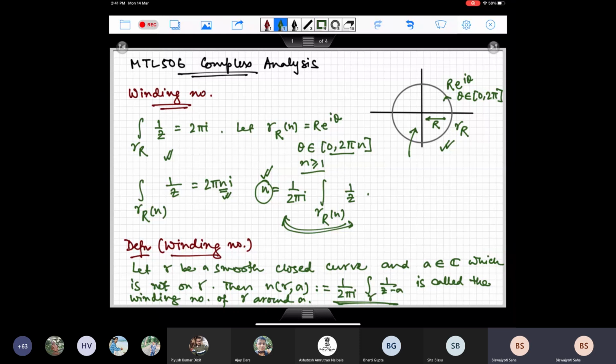But if you try to do this integral over gamma r of 1 over z minus a, for let's say mod a strictly less than r, so that means a is some point, let's say here inside, for this also the integral is going to come out to be 2 pi i. Okay, or if I take for example 1 over 2 pi i of gamma r of n, this quantity is also going to come out to be n.